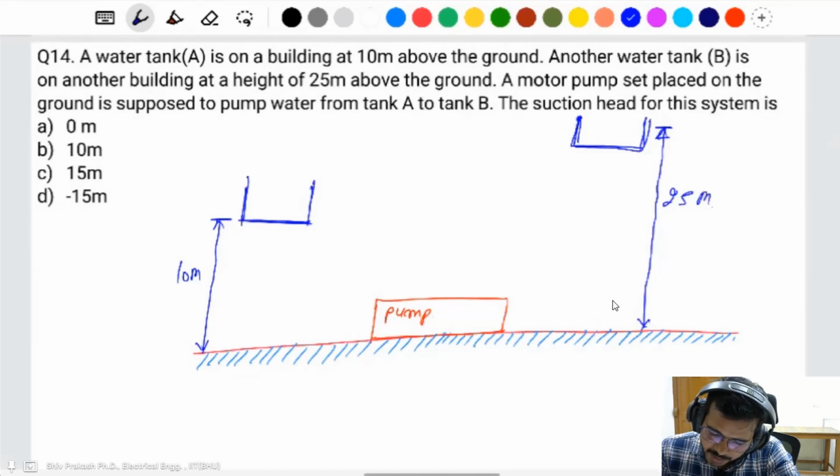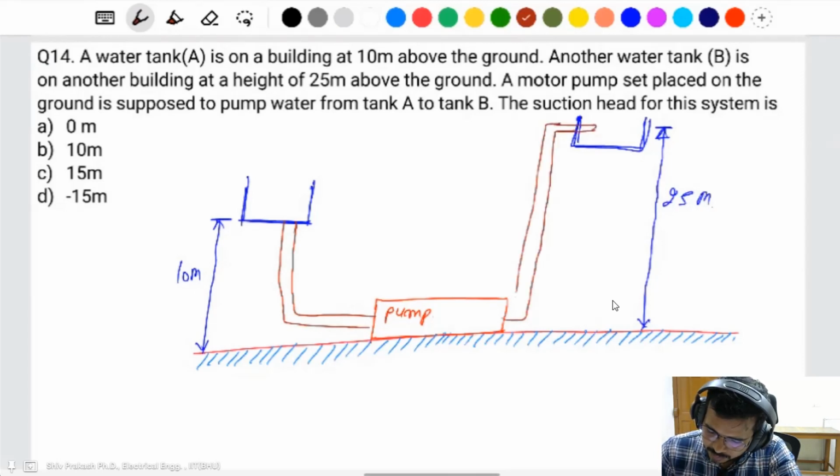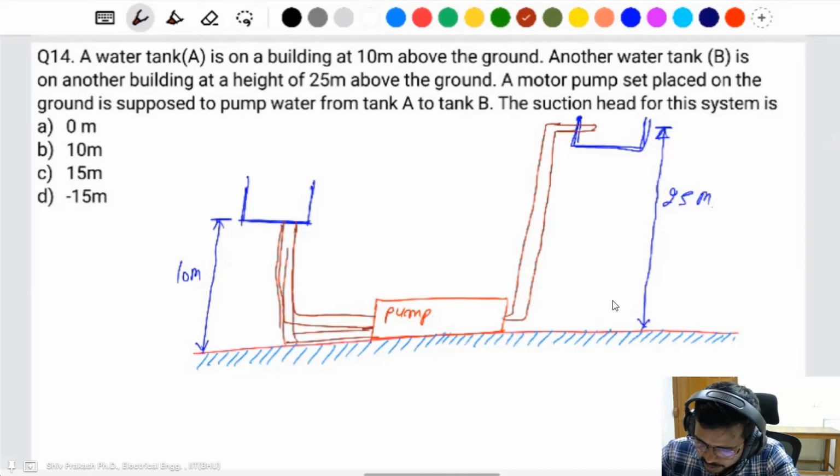The motor pump set is placed on the ground, with the pipes connected.